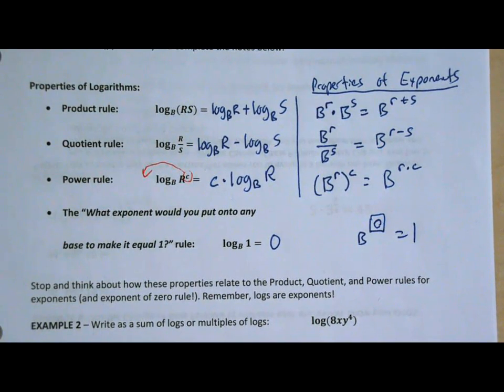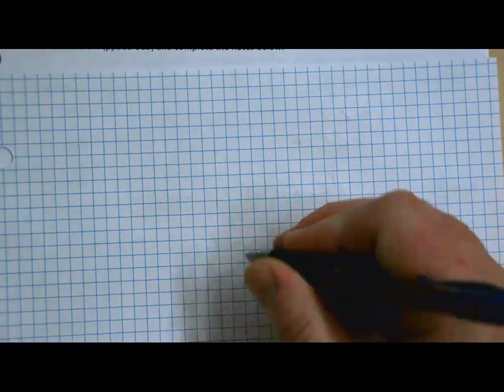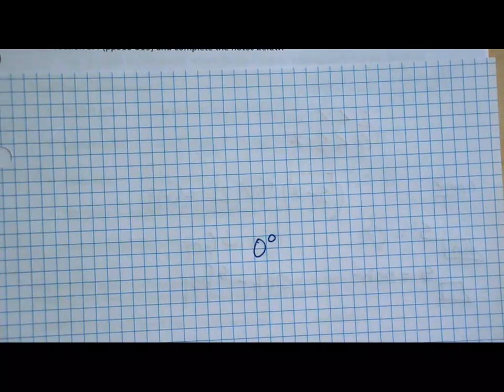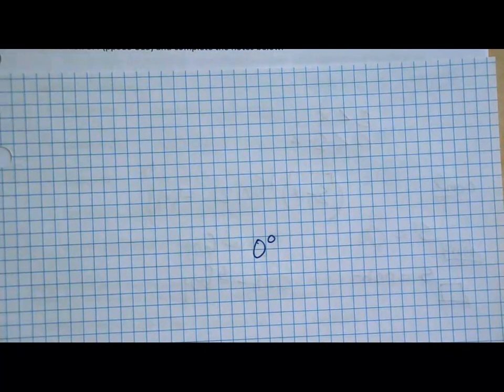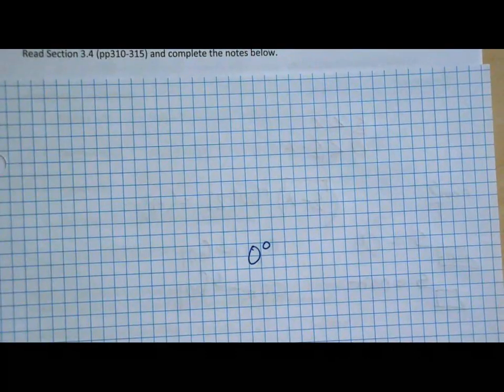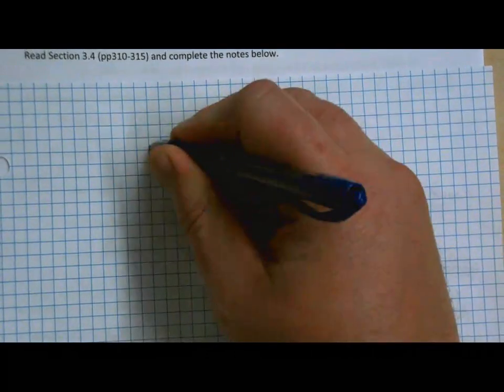I don't think we've talked about this yet. We've got time today. Do you guys know what 0 to the 0th power is? Ooh, is it 0 or is it 1? What's the pattern say? What's 3 to the 0?